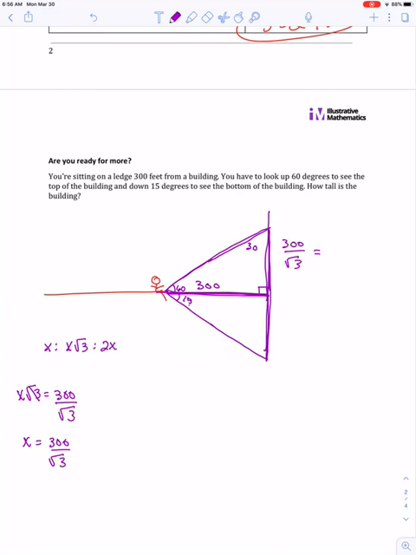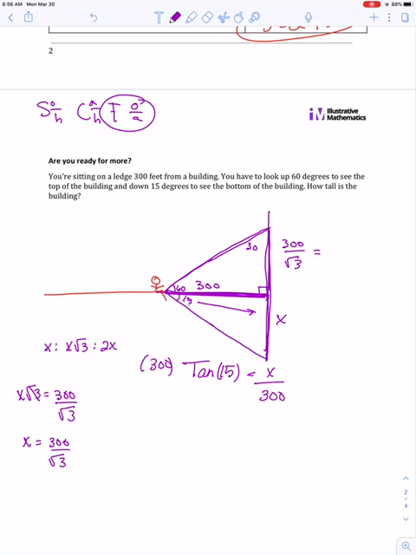So I have 15 degrees, and I'm trying to find my opposite side. So remember, I'm looking for my opposite side. I know my adjacent side. I don't care about this hypotenuse at all, so I'm going to be going back with tangent. So I know tangent of 15 degrees is opposite, which is what I don't know, over adjacent.